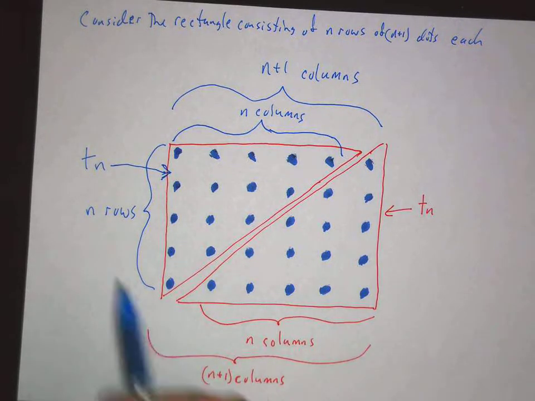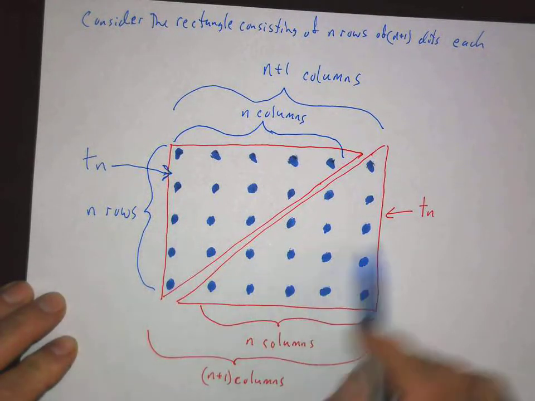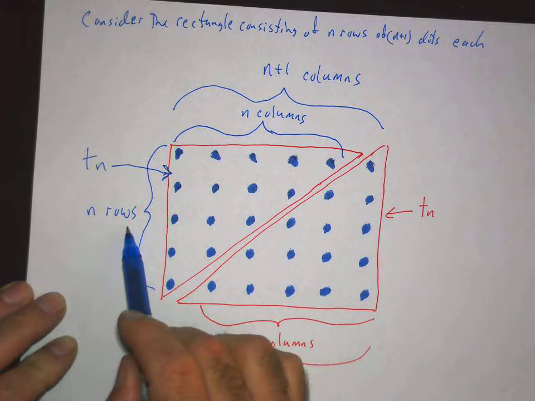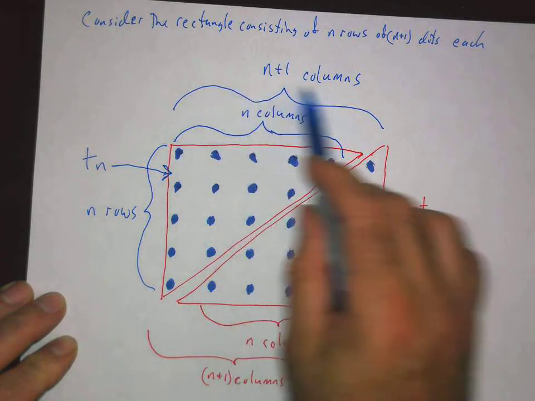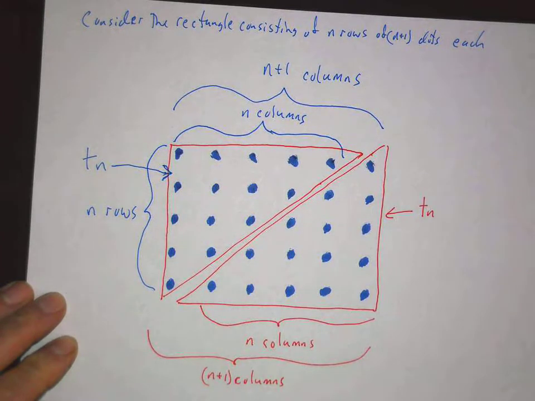Or another way of looking at it, the entire rectangle contains n rows and n plus 1 columns. So let's note that on the next slide here.